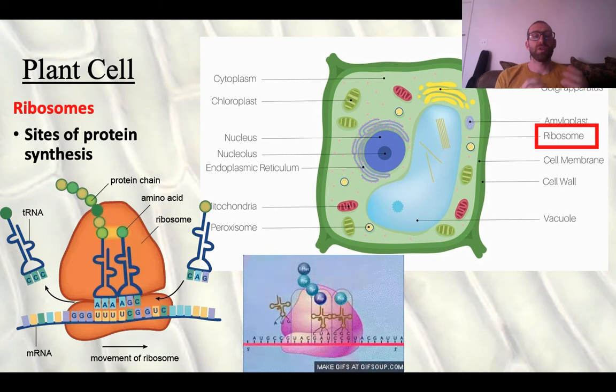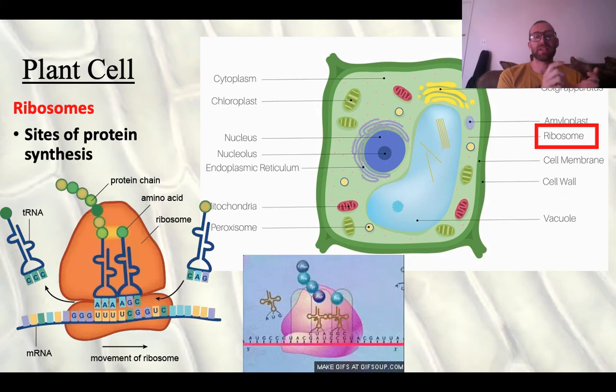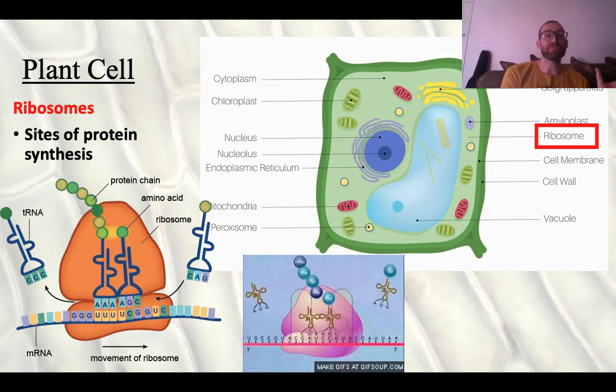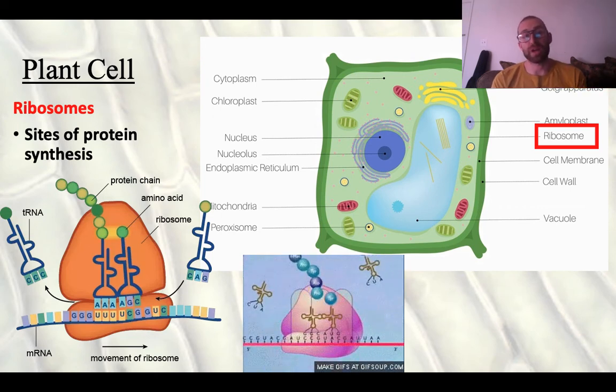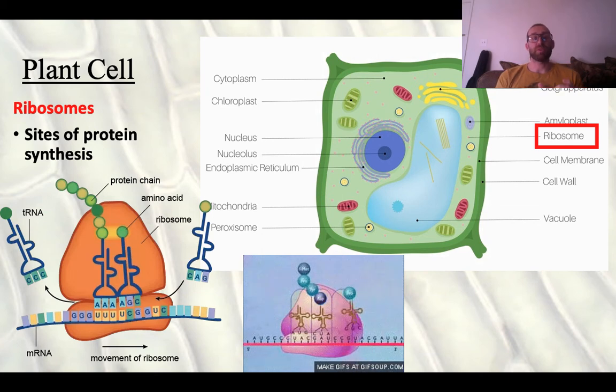So in the nucleus, if we're talking about gene expression, we had our segment of DNA that unwound. We had messenger RNA combined to it through that process of transcription. That messenger RNA then travels to a ribosome, and the ribosome is where translation occurs. This is the actual site of protein synthesis.